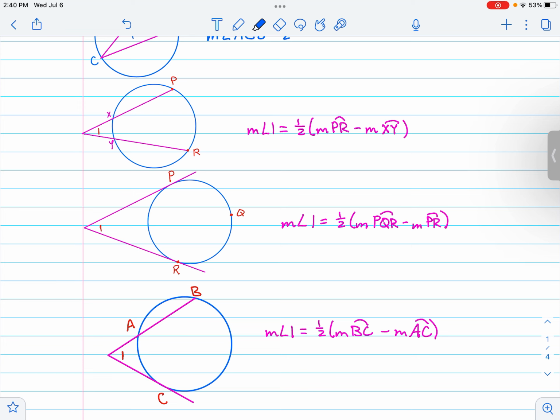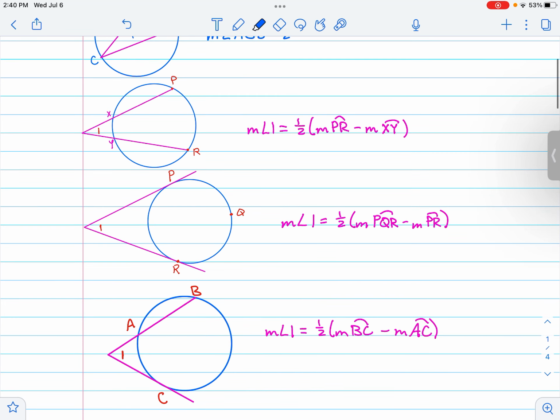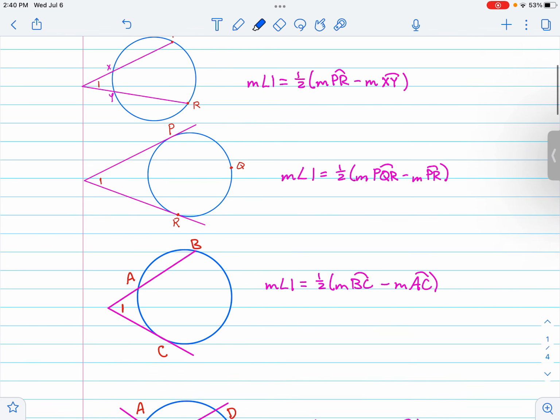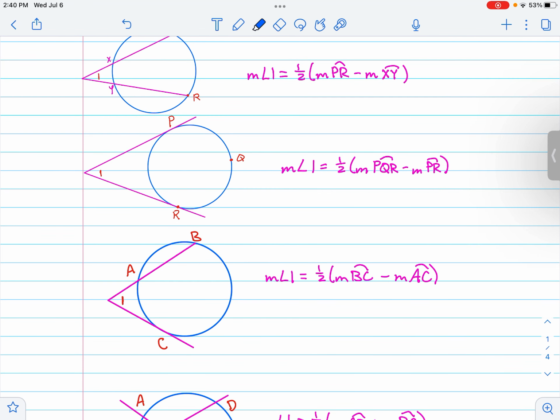Now let's suppose you have two tangents. Well, it's going to be the same thing. You take the measure of this outside arc minus the measure of this arc, and you take 1/2 of it. Now, what if you have a tangent and a secant? Same thing.